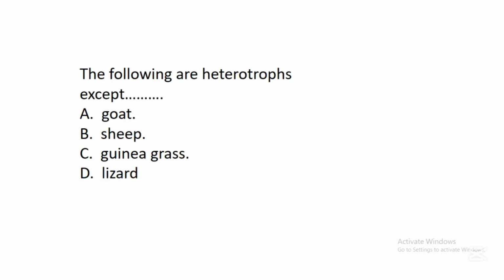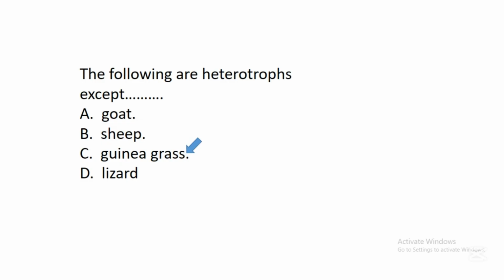The next question says, the following are heterotrophs except dash. A. Goats. B. Sheep. C. Guinea grass. D. Lizard. In this question, the correct answer is C. Guinea grass.